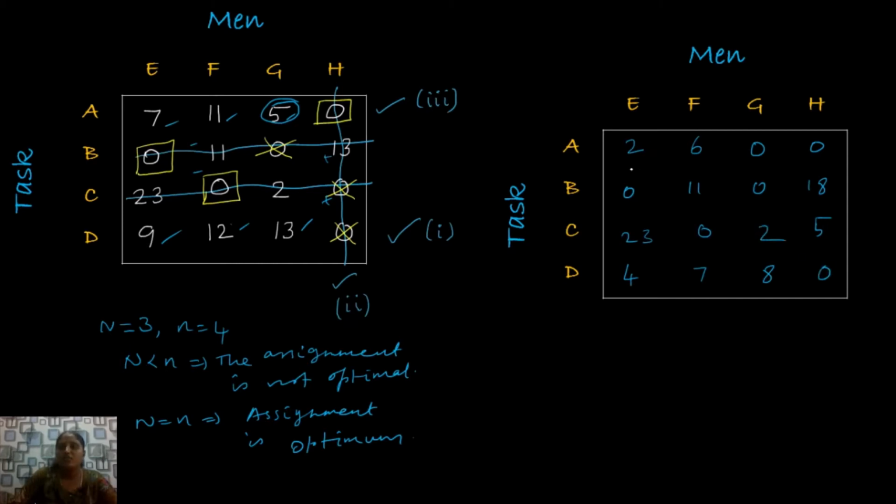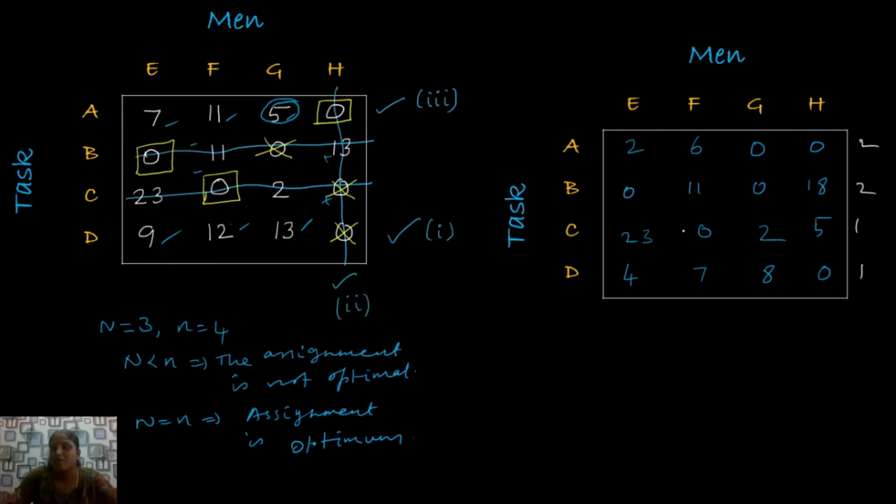Now we are going to make assignments. For that, let's first count the number of zeros. The first row has 2 zeros, the second row has 2 zeros, the third row has 1 zero and the last row also has 1 zero.